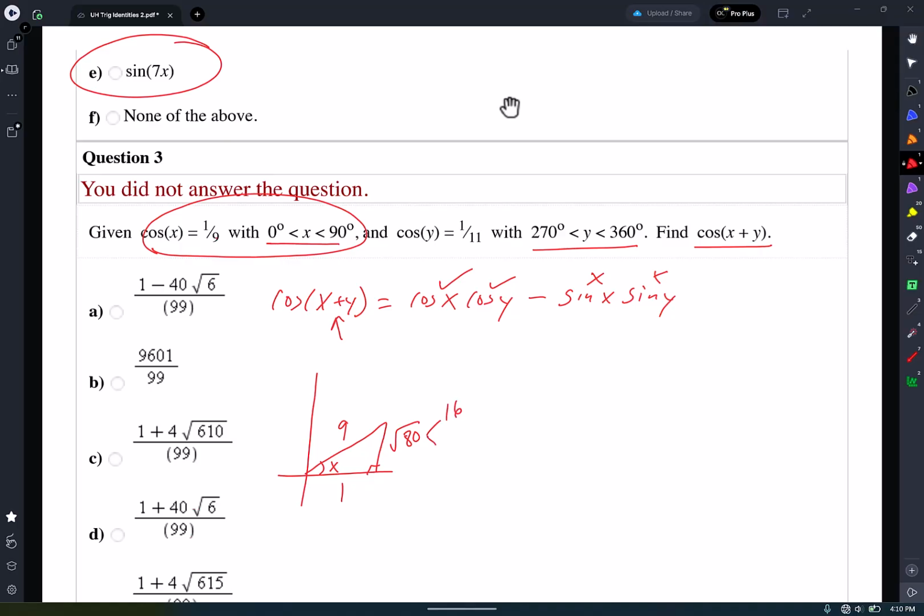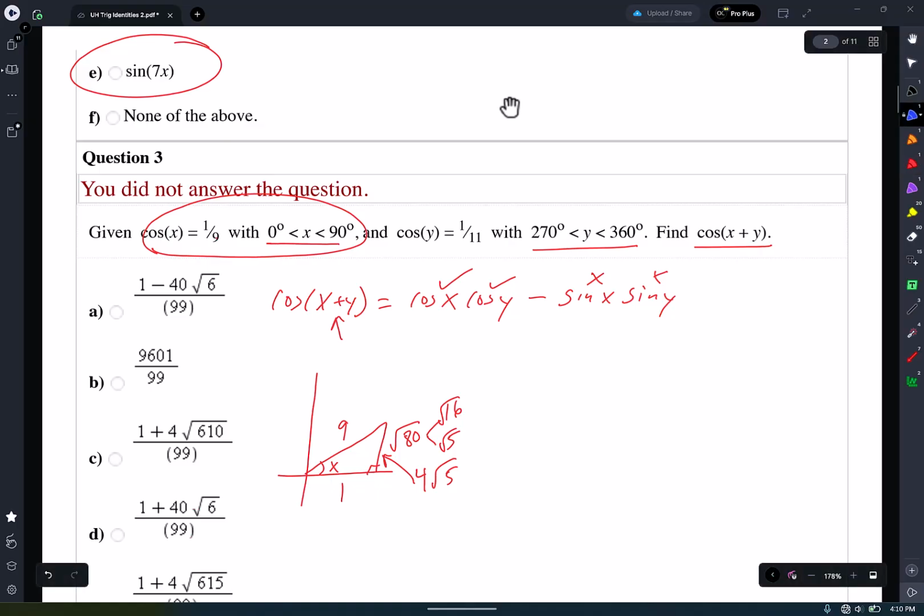So 16 times 5 is 80, right? And what's the square root of 16? 4. So 4 root 5. Do you see what we did there? Okay. So that 4 root 5 is that side. All right, so I got everything for the x.